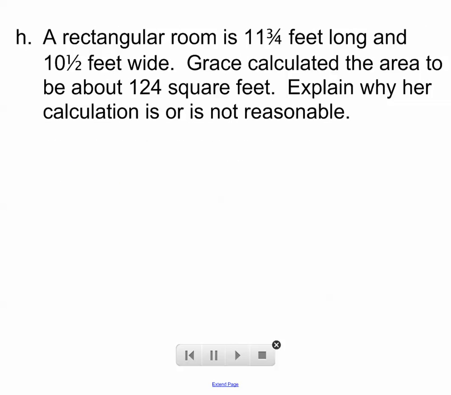A rectangular room is 11 3/4 feet long and 10.5 feet wide. Grace calculated the area to be about 124 square feet. And let's explain why we think her calculation is reasonable or not. Well, let's look at this. I'm going to say that her estimate is reasonable.